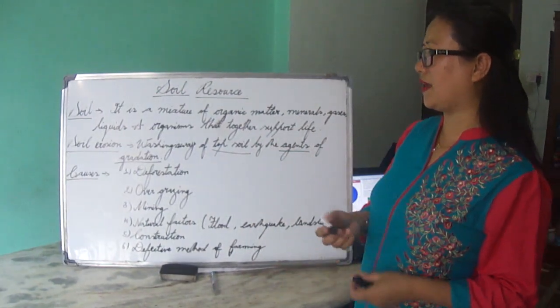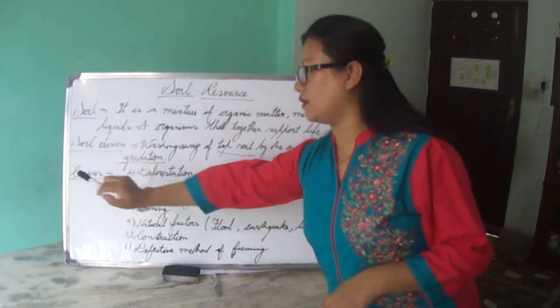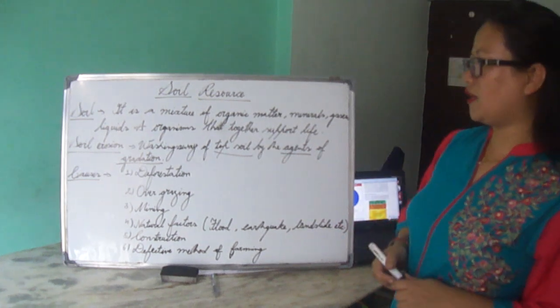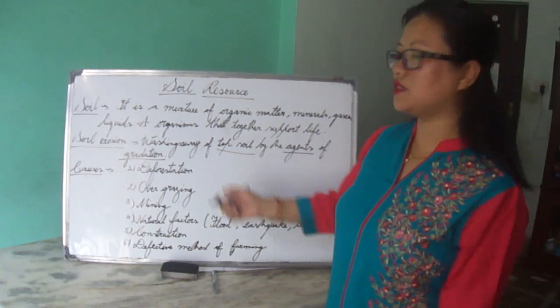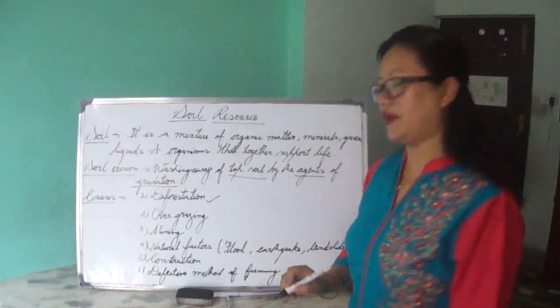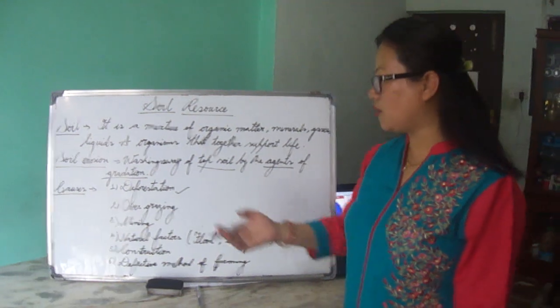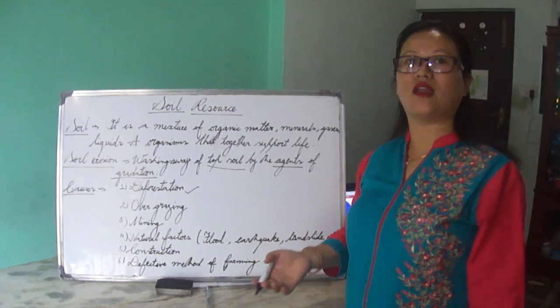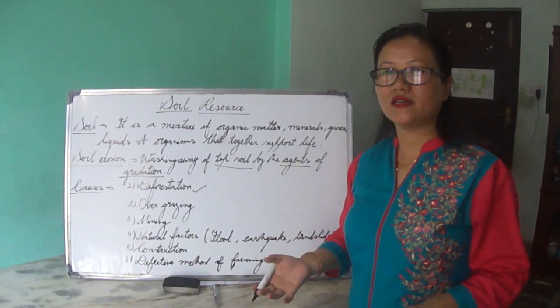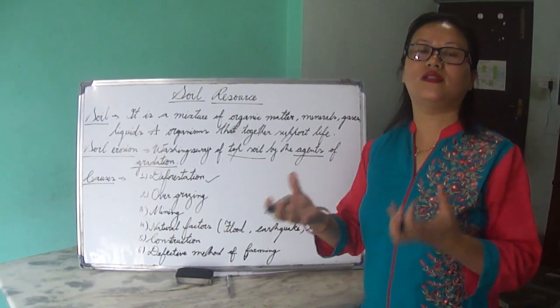Next, what are the reasons behind soil erosion? I have kept these under the term causes. The most important factor which affects soil erosion is deforestation, which means cutting down of trees. From childhood we have learned that the major function of roots is to hold the soil.